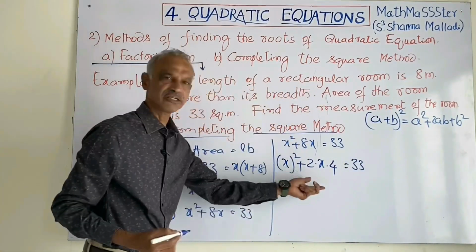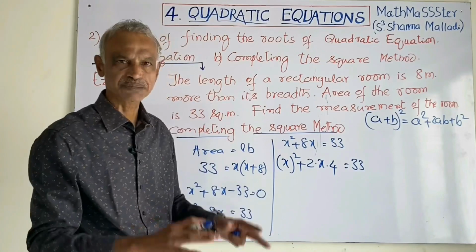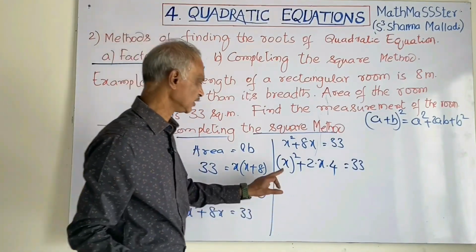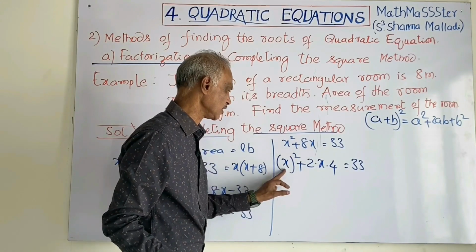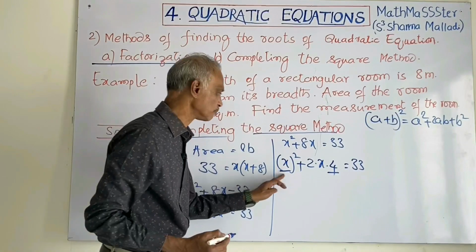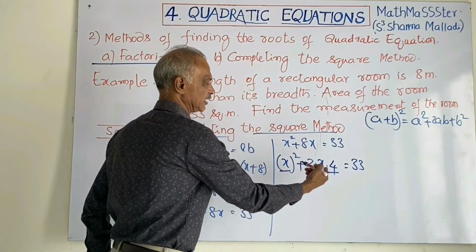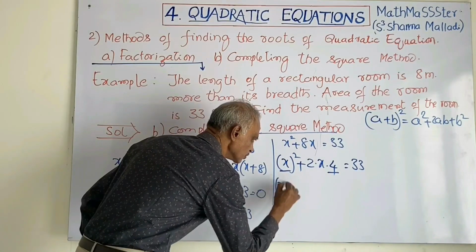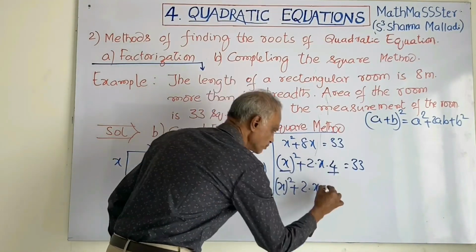We have to make it a perfect square, means it should be written in the form of a plus b whole square. This is a and this is b. It can be written as x whole square plus 2 into a, which is x, into b, which is 4.